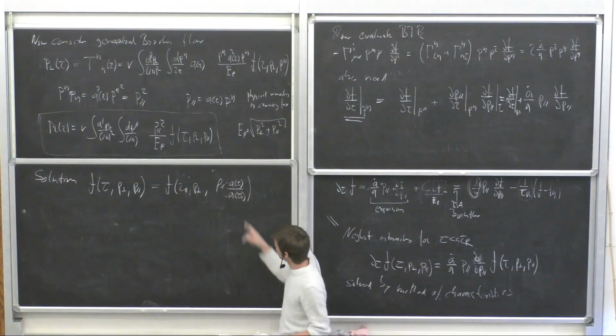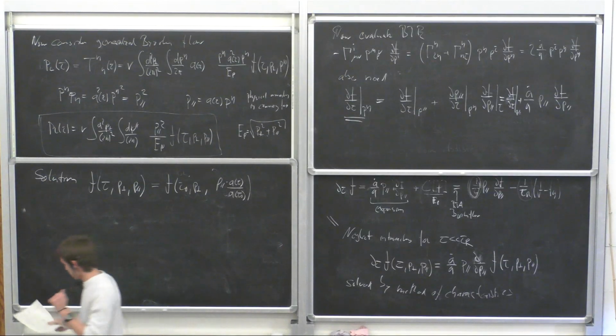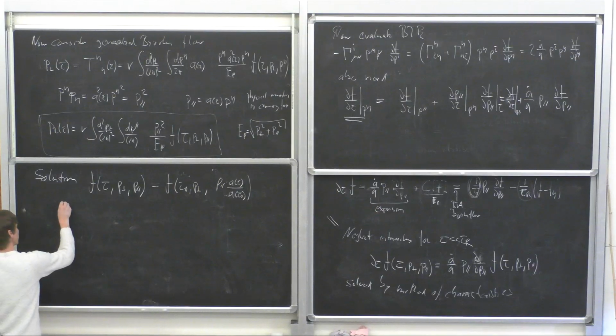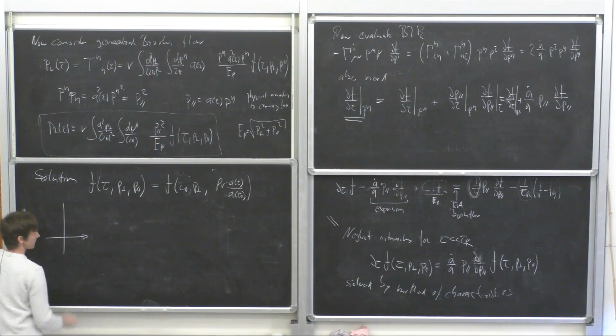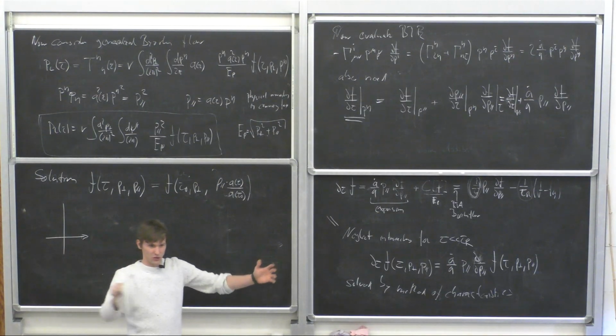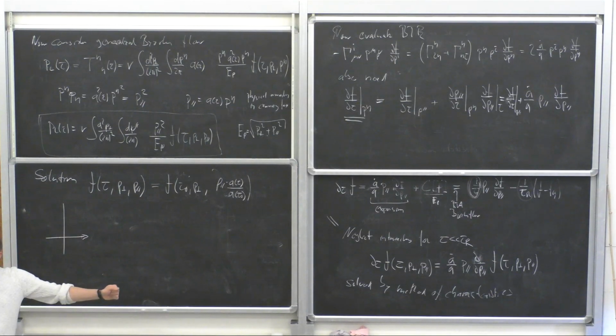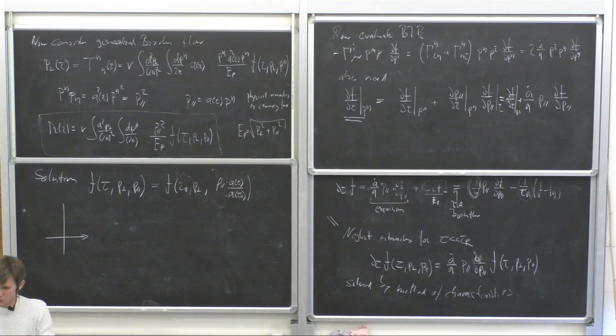Now what is the physics of this solution? Let's really think. The physics of this solution is that my longitudinal momenta somehow get smaller, so that they get redshifted because I'm in this expanding geometry.